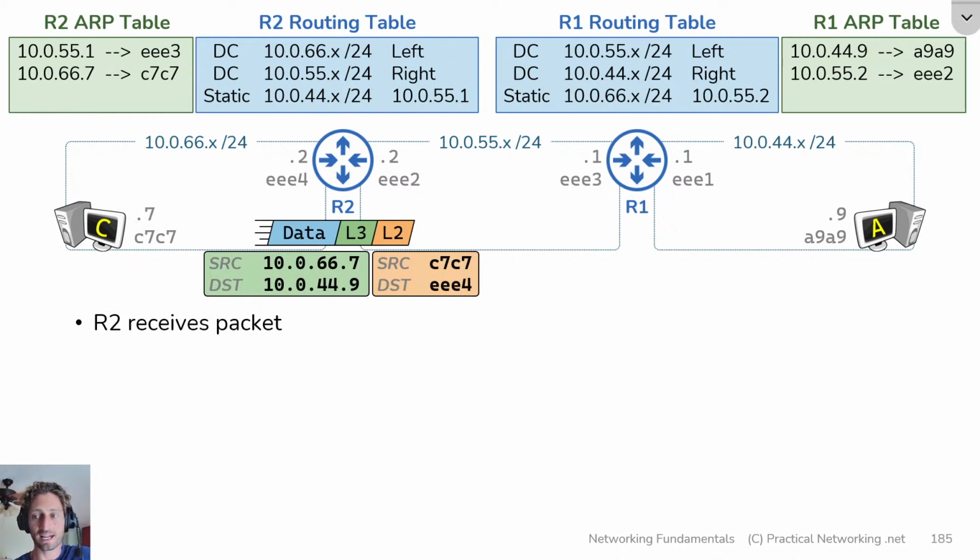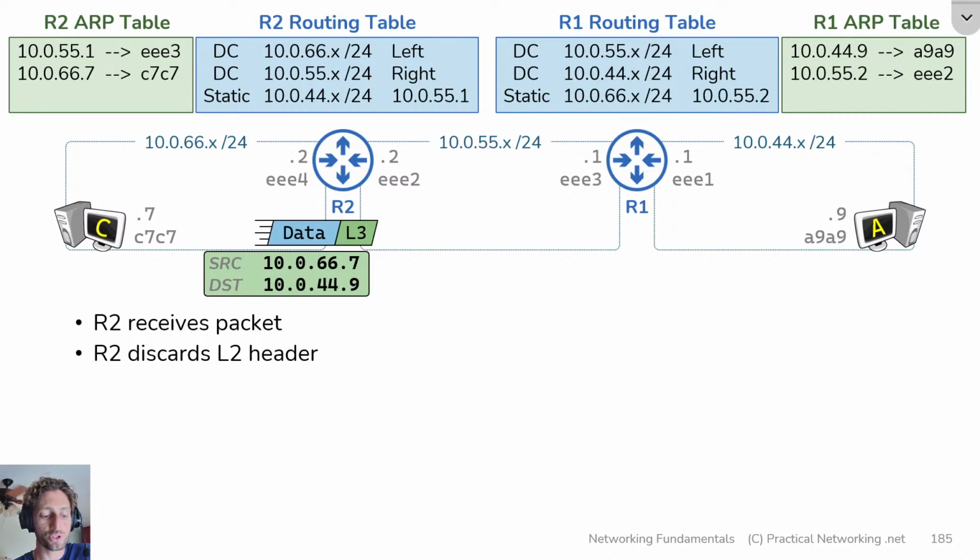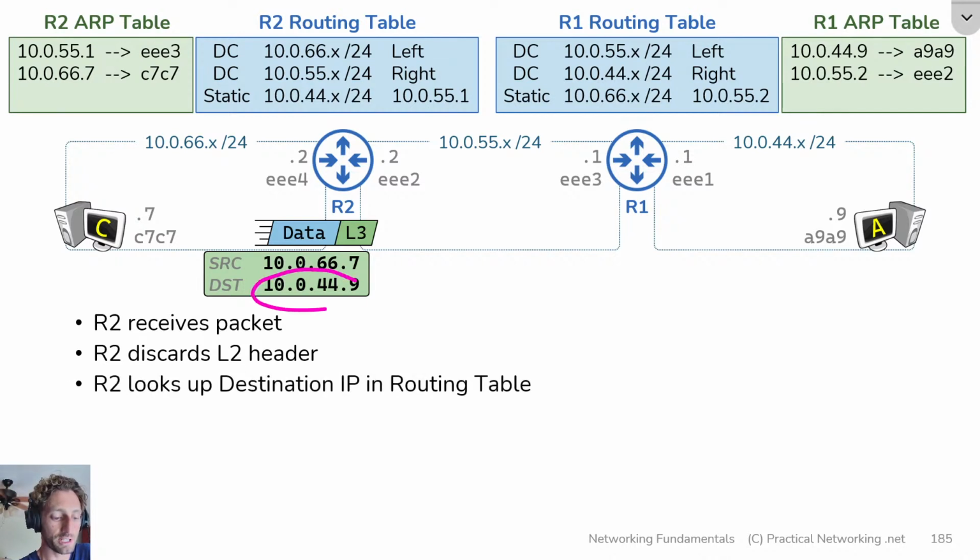R2 is going to receive the packet. R2 is going to discard the layer 2 header. R2 is going to look at the layer 3 header in the routing table. It's going to look at the destination IP address 10.0.44.9, look for a match in the routing table. It finds it and knows that the packet's next hop is 10.0.55.1, which is this IP address right here.